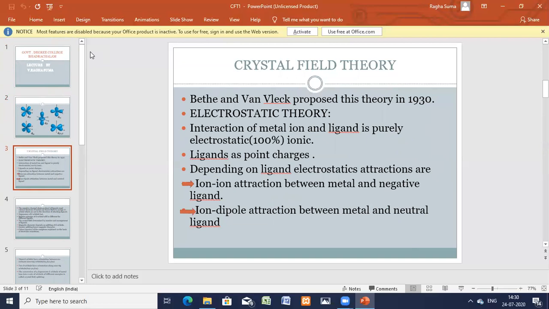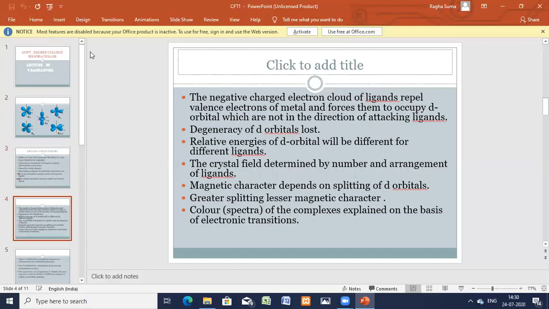It explains that the attraction is 100% ionic, and the interactions are of two types, ion-ion and ion-dipole attractions. The negative charge electron cloud of the ligand is forced to occupy positions which are not in the direction of the metal valence electrons. The degeneracy is lost, and thereby splitting takes place.